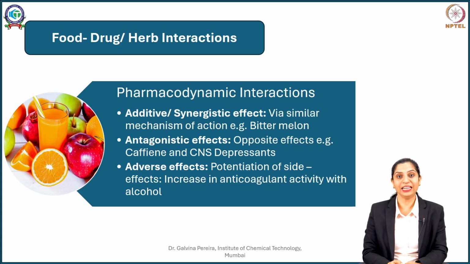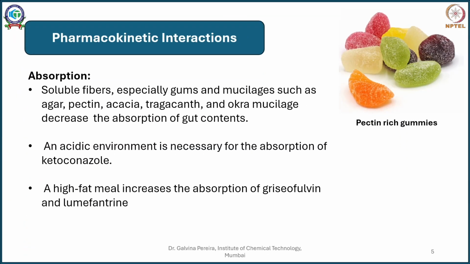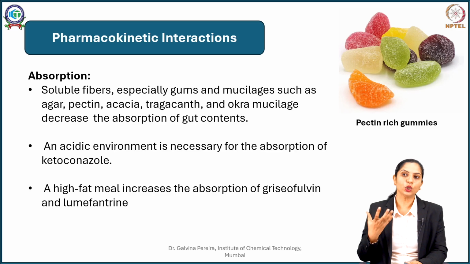Let's go on to see elaborate examples of the same. So we'll first start with elaborate examples of pharmacokinetic interactions. Here we take a simple case of absorption. Whenever you are taking a meal, especially in our case, the Indian meal is carbohydrate rich.